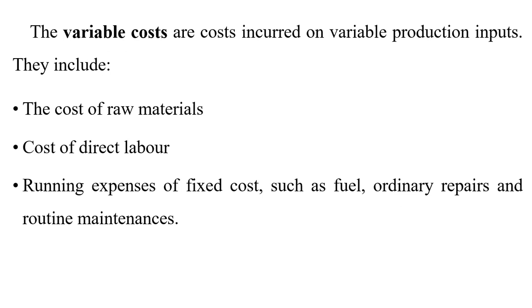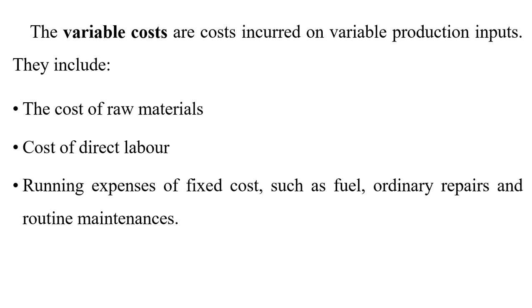The variable costs are costs incurred on variable inputs, and they include the cost of raw materials, cost of direct labor, and running expenses of fixed costs such as fuel, ordinary repairs, and routine maintenance.